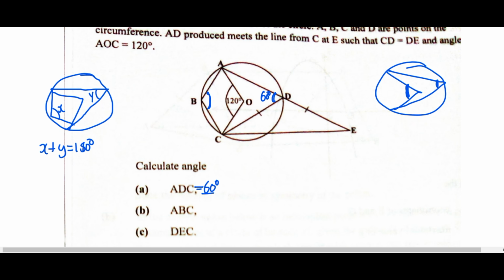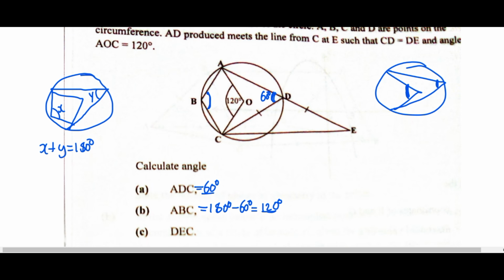So opposite angles in a cyclic quadrilateral add up to 180. Since we have the 60 here, to find B, you just subtract: 180 minus 60 is equal to 120.